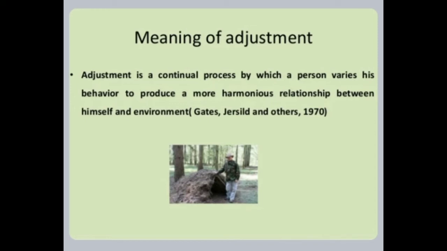Adjustment is a continual process by which a person varies his behavior to produce a more harmonious relationship between himself and environment, according to Gates, Gerseld, and others in 1970.